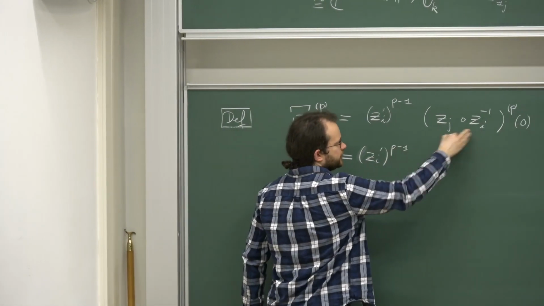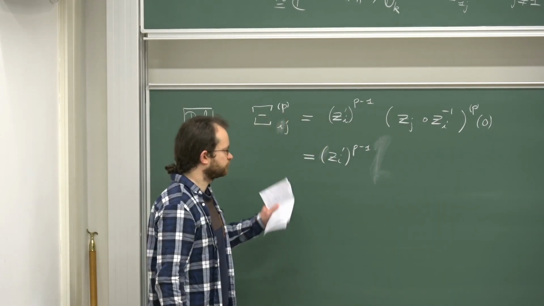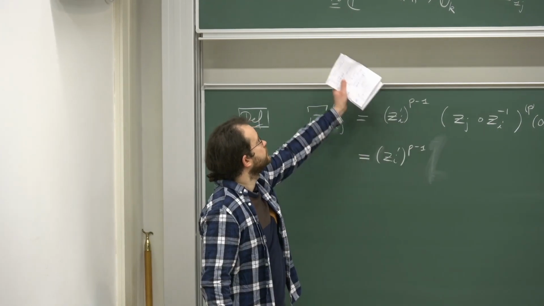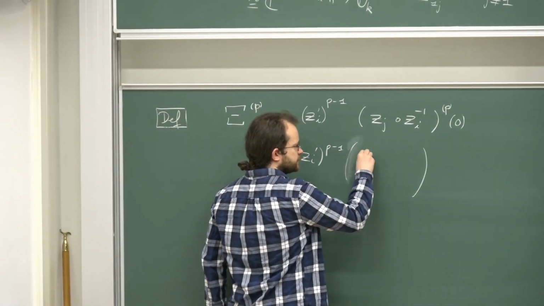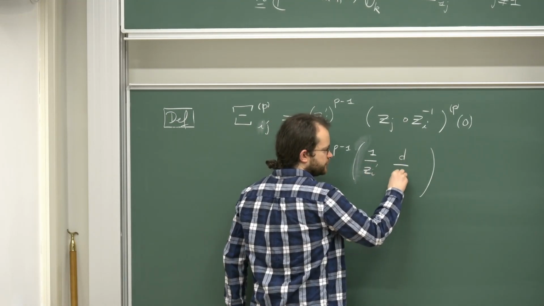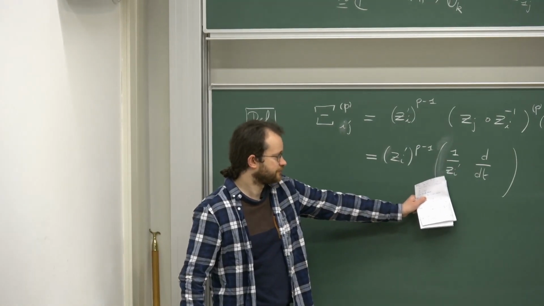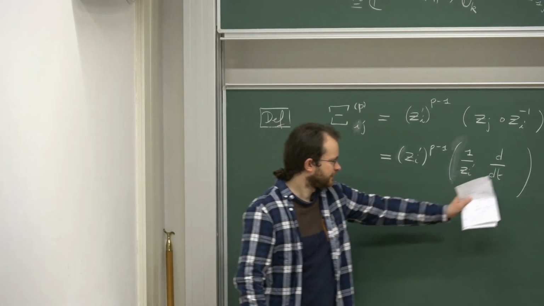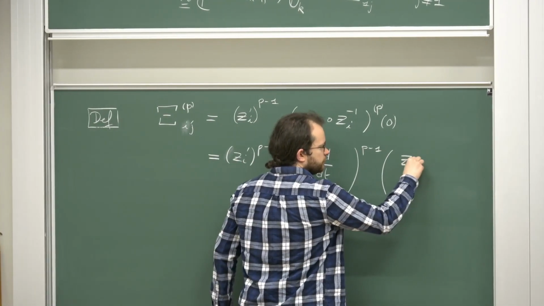So these are very classical coordinates. They appear in several important ways when we are considering the invariant jet differentials. And a typical formula for this is this one. So you iterate the operator given by dividing by zi prime, and you do that p minus 1 times on this fraction.